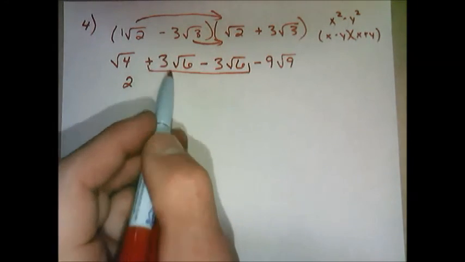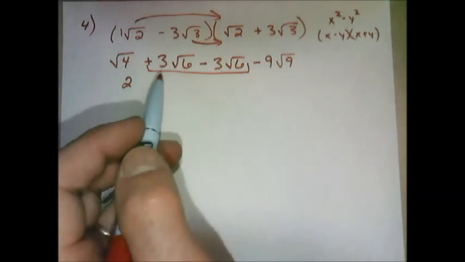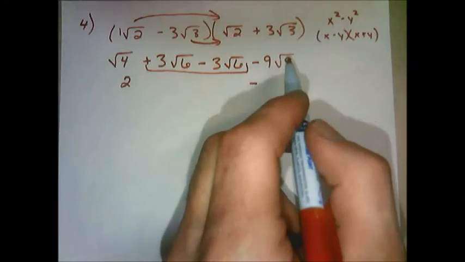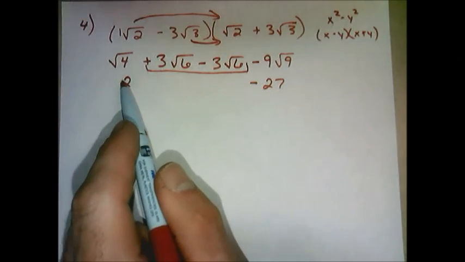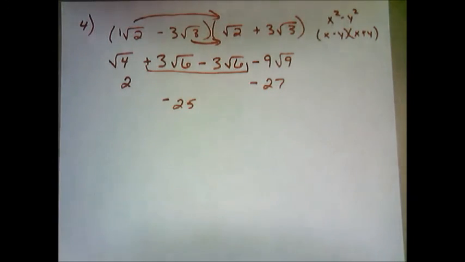They're going to cancel each other out. 3 minus 3 gives me 0, and 0 times radical 6 is still 0. And then over here, the square root of 9, which is 3, times 3 gives me 27. So now I have 2 minus 27, which gives me negative 25. And there's our final answer.